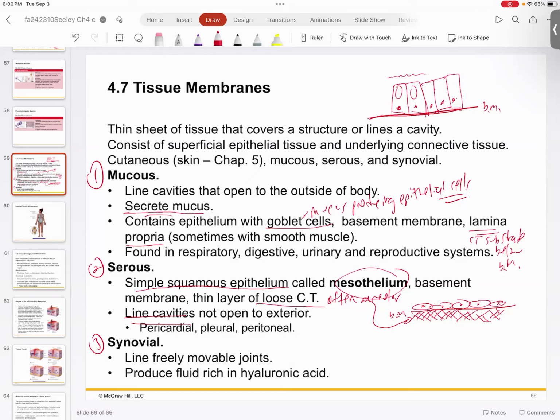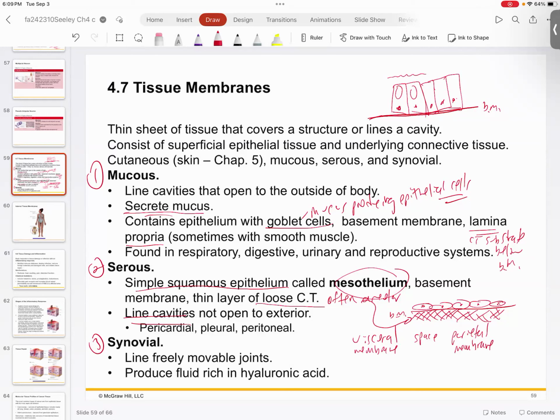You have what's called the visceral membrane or the visceral liner. Then you typically will have some sort of a space or a cavity, and you have what's called the parietal membrane. That's a common pattern that you see throughout the body.